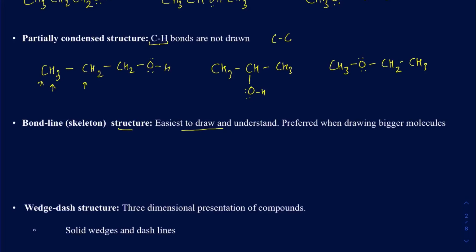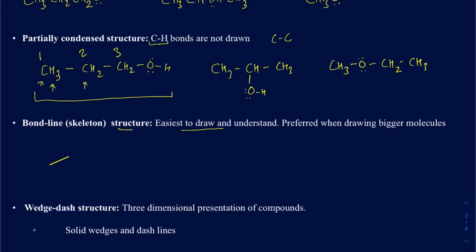So for example, if I want to write the first partially condensed form into the bond line skeleton form, then I have a carbon, the first carbon right there. If I number these, just for my own sake, that's going to be 1, 2, 3. That's not how you really number those according to IUPAC, but just for my own sake.